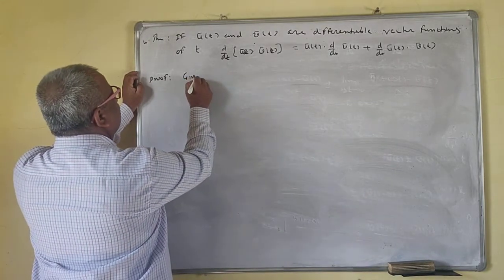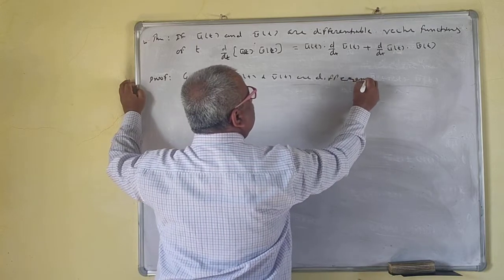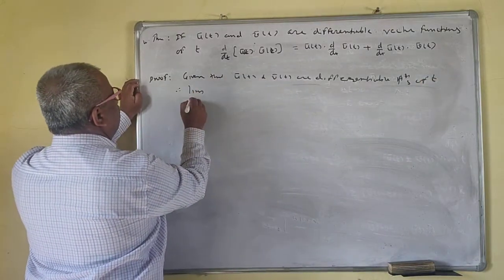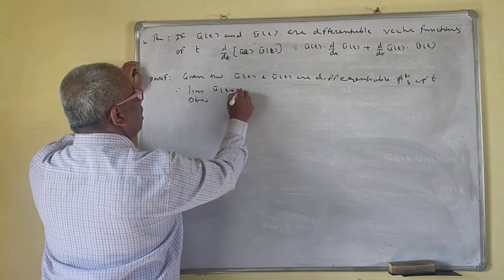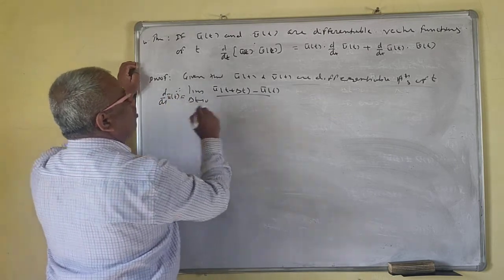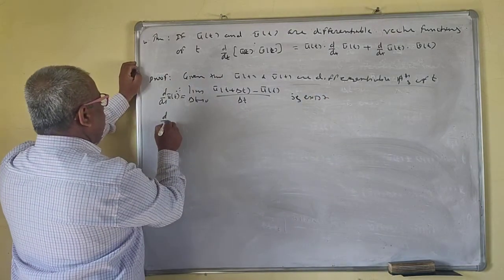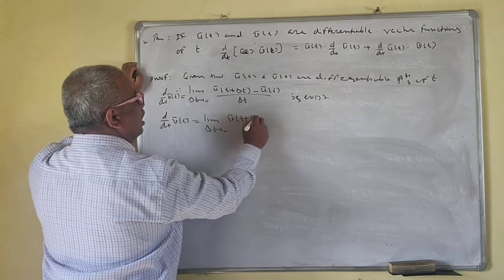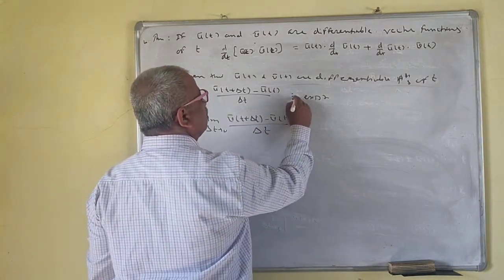Given that u bar of t and v bar of t are differentiable functions of t, therefore limit delta t tends to 0, u bar of t plus delta t minus u bar of t upon delta t, which I write here as d by dt of u bar of t, exists. And d by dt of v bar of t is equal to limit delta t tends to 0, v bar of t plus delta t minus v bar of t upon delta t, exists.